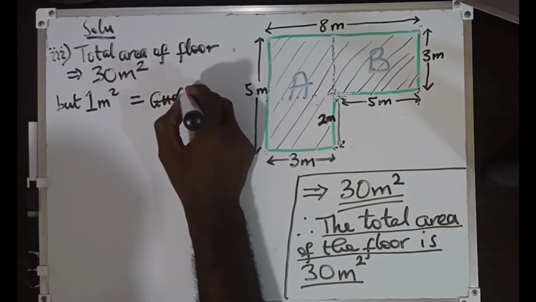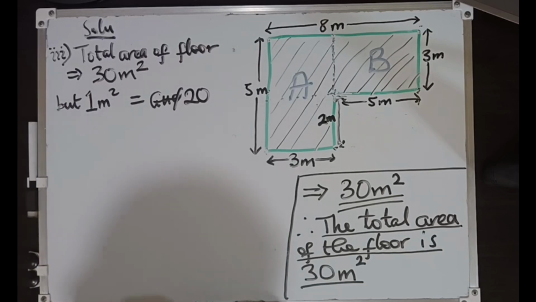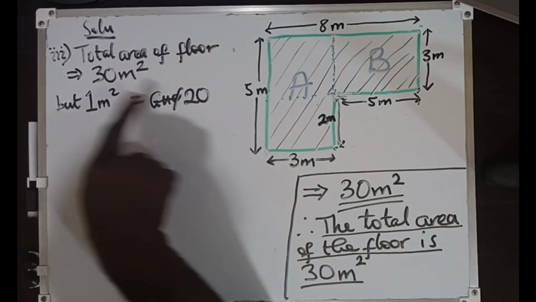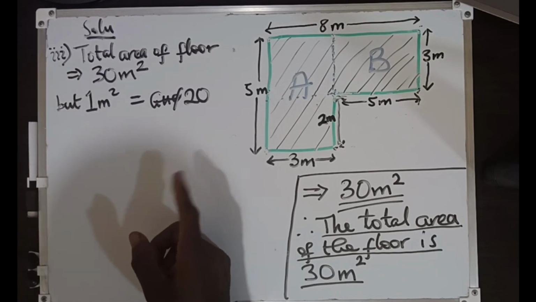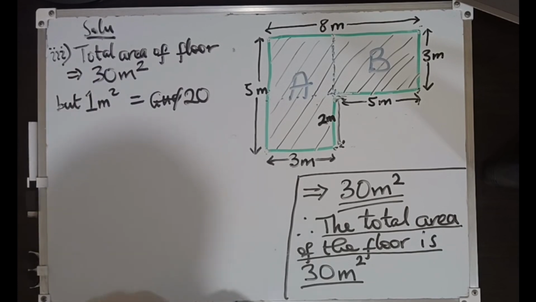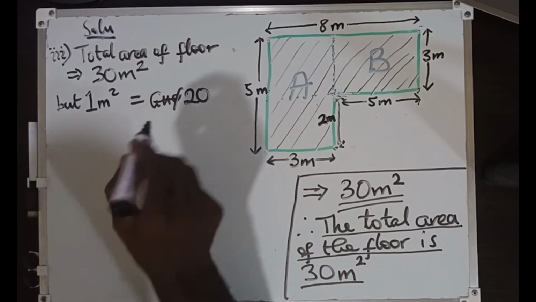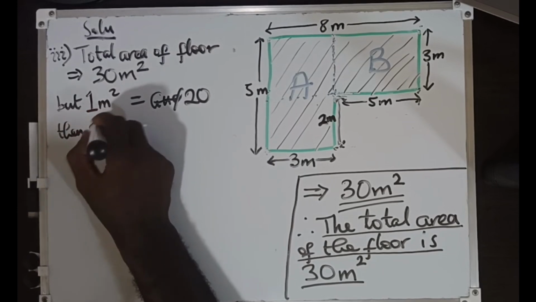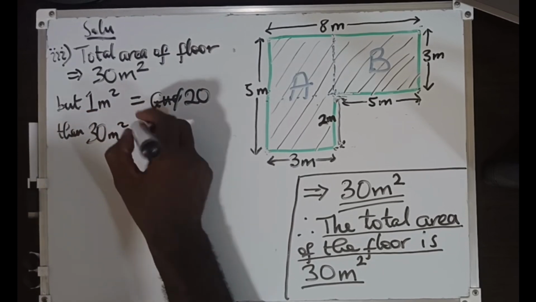So if we are buying a carpet, 1 meter square is 20 cedis. So if 1 meter square is 20 cedis, then 30 meters squared is going to be what?